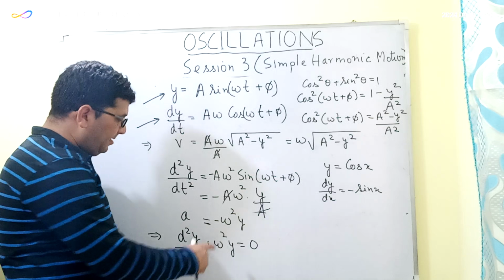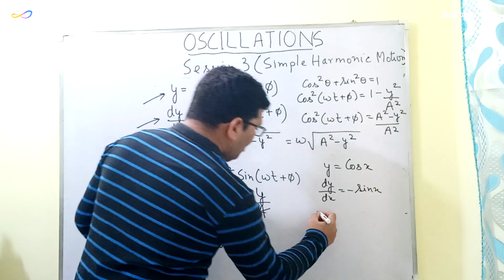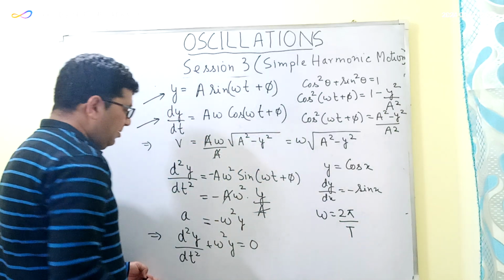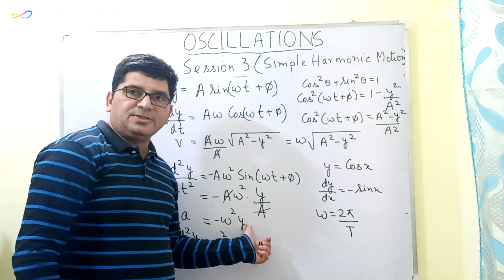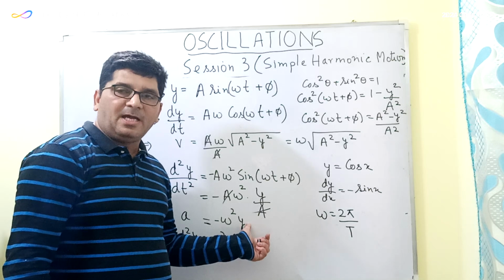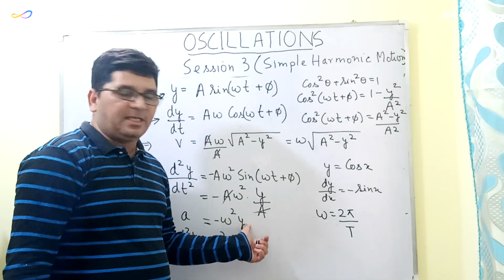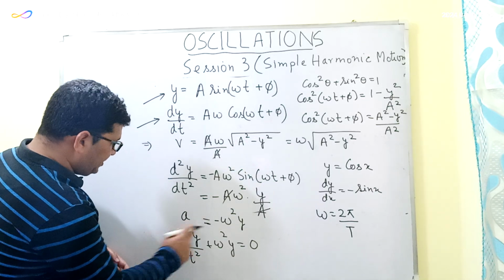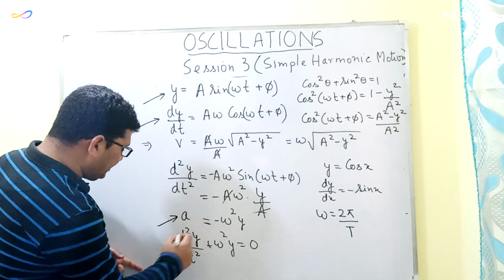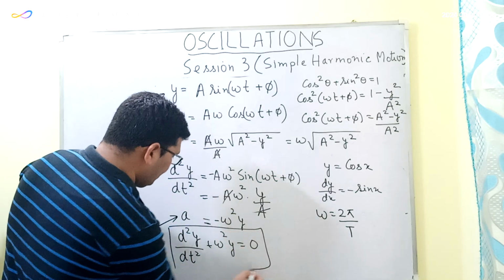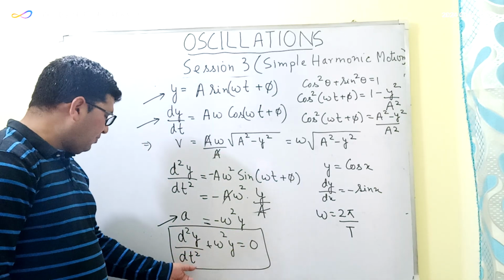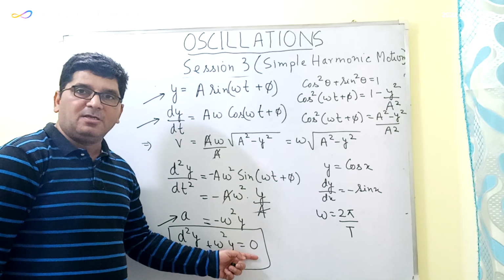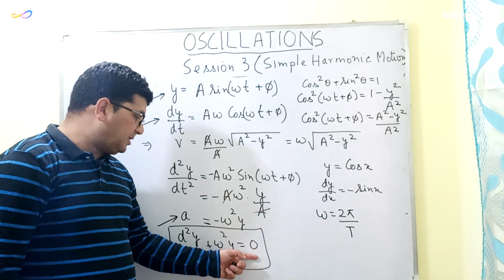So here you can see that omega is equal to 2 pi upon T. And y is the displacement of the particle at any moment of time. So from this equation, I can write it in this form also, that is d square y upon dt square plus omega square y is equal to 0. And this is the equation of a particle executing the simple harmonic motion.